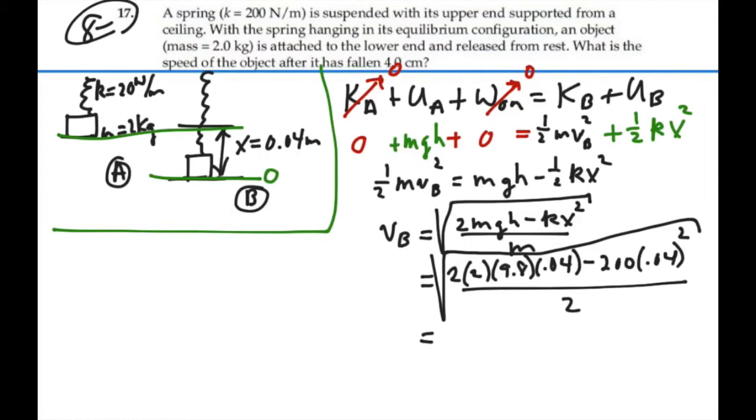So if I do that, I get 2 times 9.8 times 0.04, that's 1.568, minus 200 times 0.04 squared, which is 0.32, all divided by 2, and all square root.